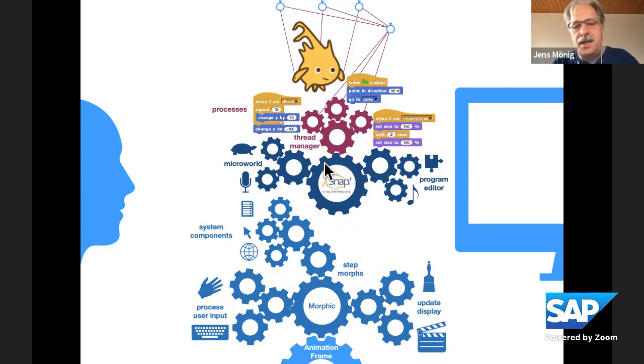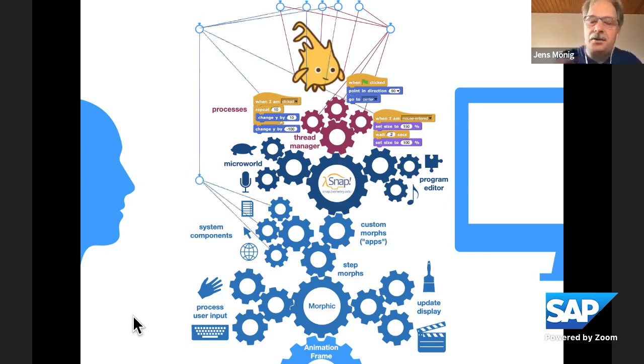Now, really, Snap is just a morphic system. Snap is really just that. And now that we have this, we can also interact with other components in the morphic system. We can let the user just drag these sprites along.